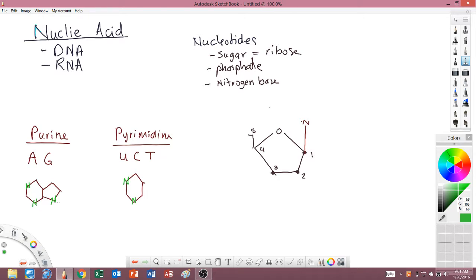We don't have to memorize them as long as you know they have nitrogens in them. And for that reason, they're called nitrogen bases. Now, where do they attach to the sugar? It's from the nitrogen anyways. If this is purine, they'll attach as a 2 ring by the nitrogen. If they're pyrimidine, a single ring attached by the nitrogen, like that.